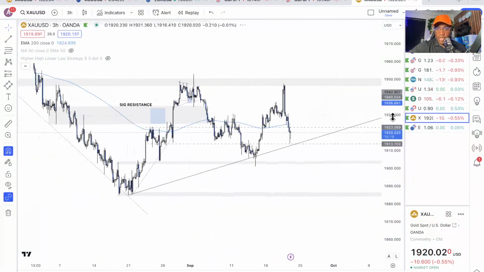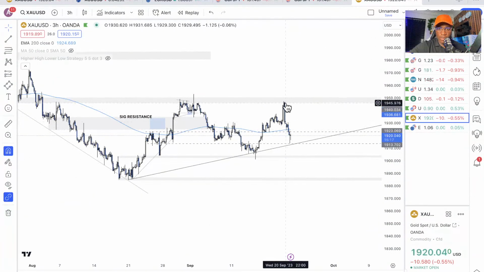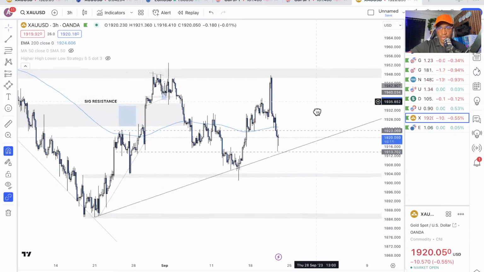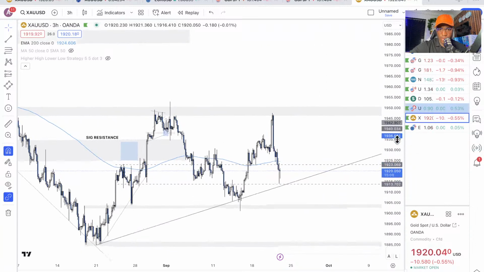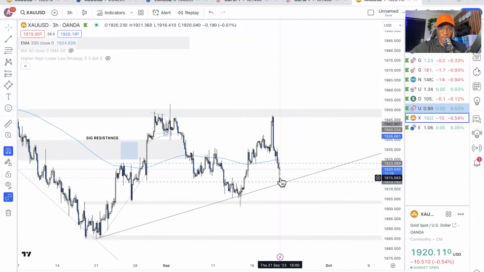So we're just going to be very observant on gold at the moment, because I am not seeing any clear indication to either buy or sell right now. But obviously, if we get a break below this support trend line, or we get a retest at any of these levels, let me indicate for you guys.